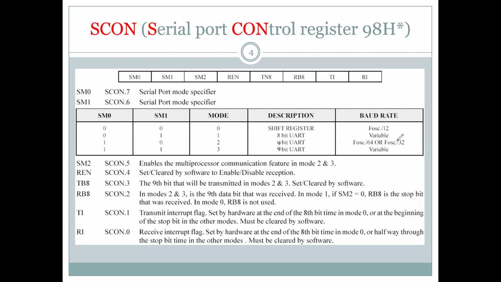Mode 3 is also 9-bit UART, but with variable baud rate. That's the difference between mode 2 and mode 3. We'll see the difference in these modes of operation one by one.